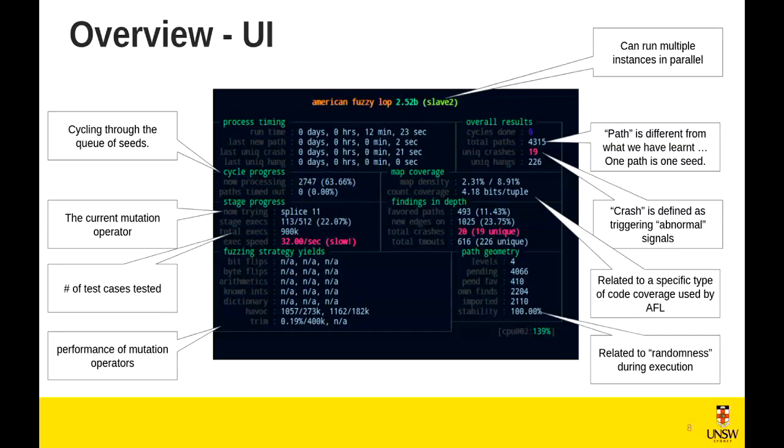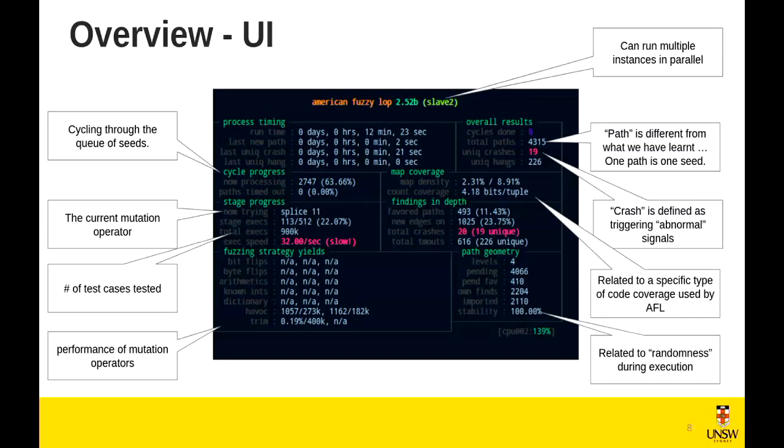Another important piece of information here is stability. One seed input could have different coverage. So one test input sometimes could have different coverage in multiple runs. That is because some programs are random by nature. One source of randomness is the direct use of random values. Maybe the program uses some random numbers to determine its execution.